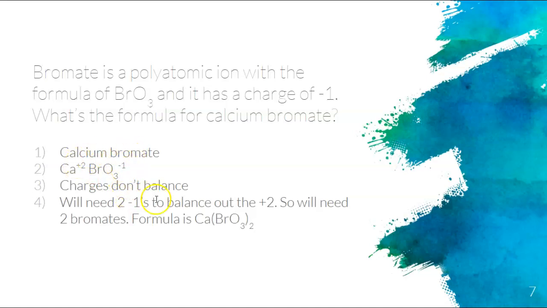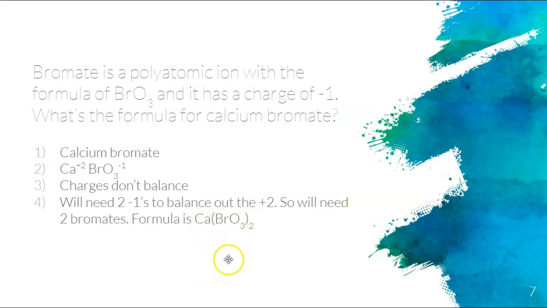So +2 and -1 doesn't balance out. I'm going to need 2 of these bromates, 2 of these -1s, to balance out this +2. The way I would write that is Ca, parentheses, put my bromate in, close the parentheses, and then put a little 2 behind the parentheses, meaning that I have 2 of this whole cluster.